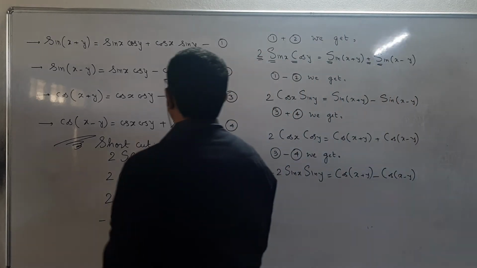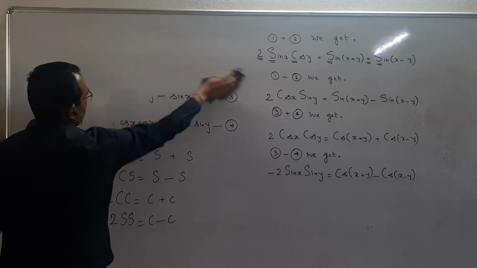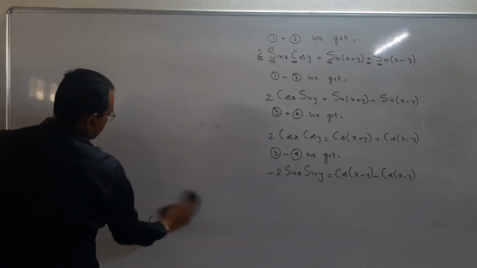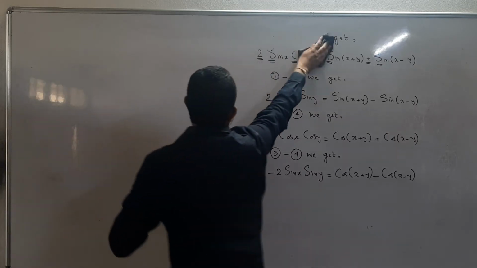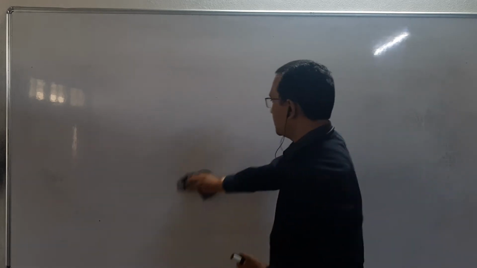Now students, the next set of formulas I am not going to derive. We can derive them on the basis of these 4 formulas only, but I am not insisting that you remember that derivation. Simply memorize the formulas. I will give you the technique.